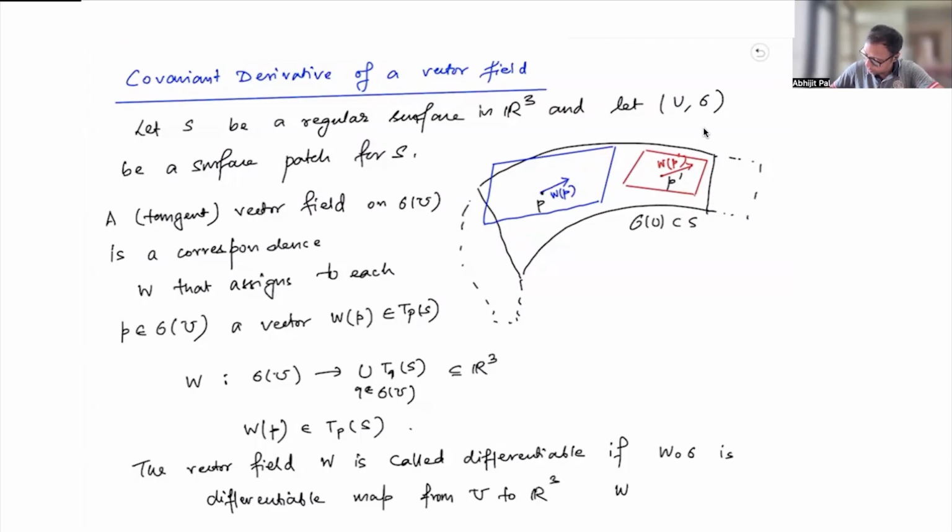So this W composed with sigma is a map from this U to R3. So if it is differentiable, then we call this W differentiable.